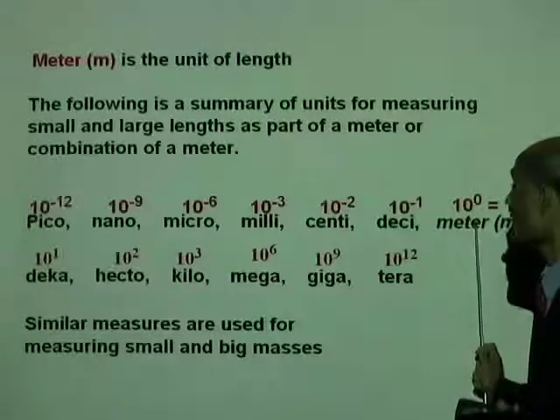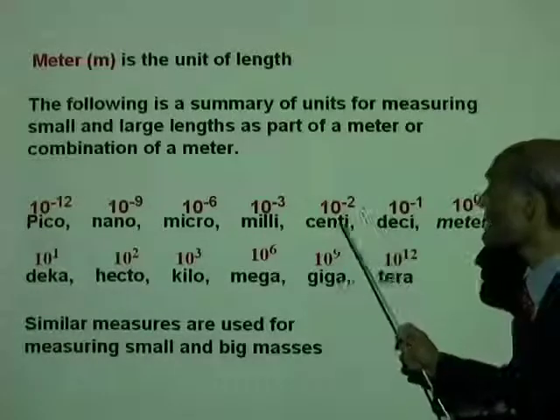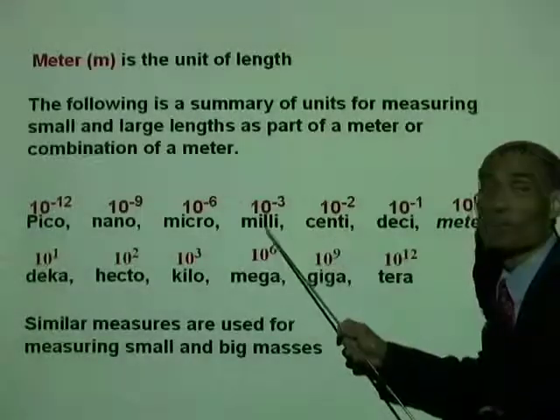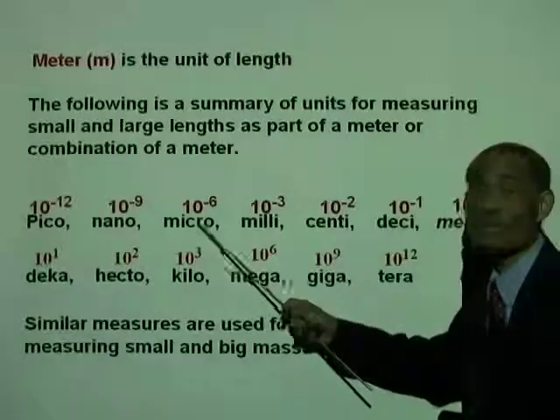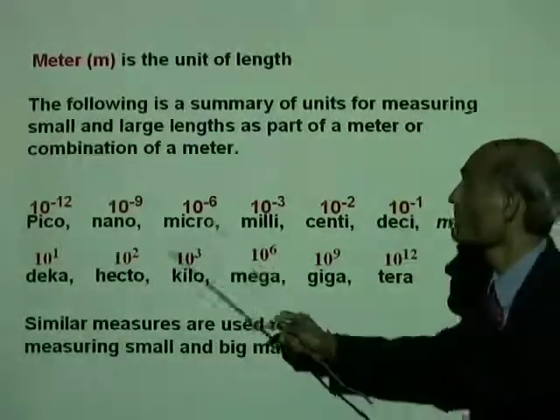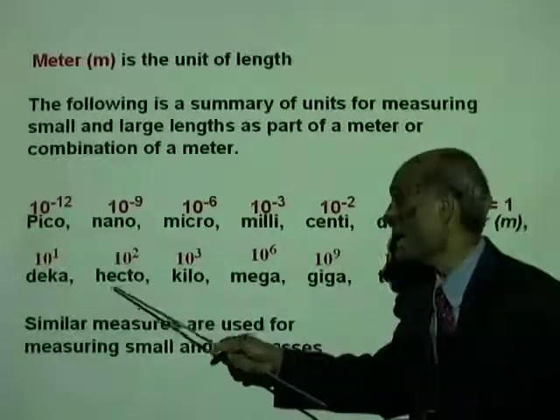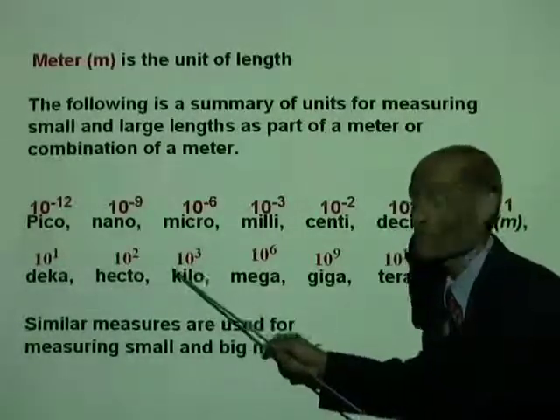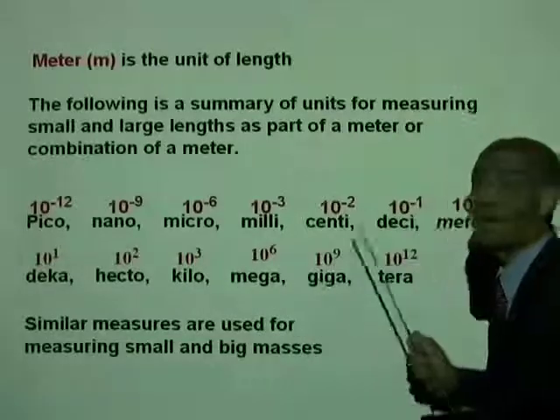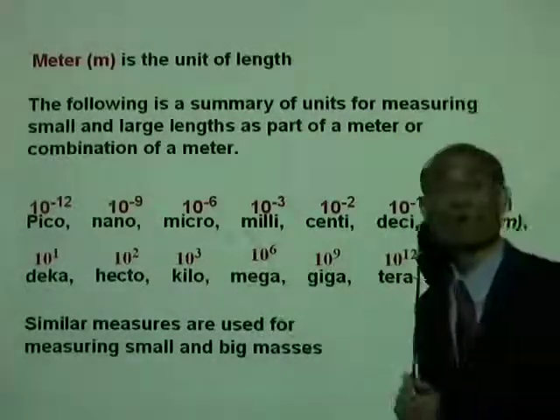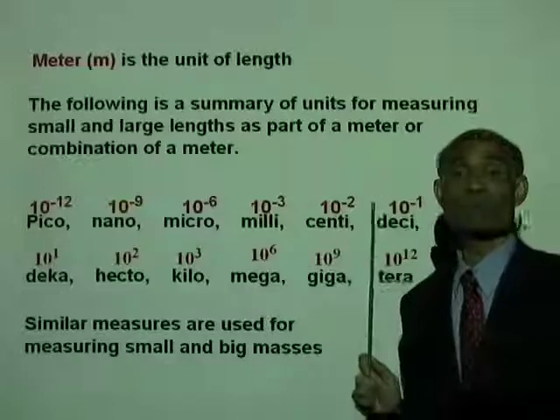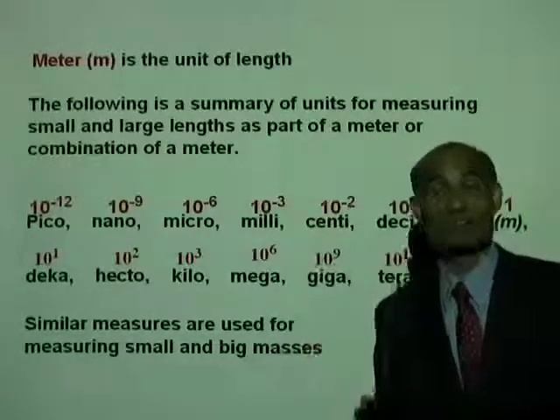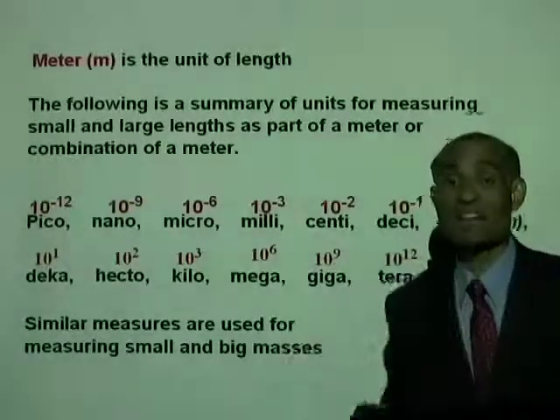G. Gram, decigram, centigram, milligram, microgram, and so on. Decagram, hectogram, kilogram, that's our unit, megagram, and so on. So we can use the same terms for measuring mass as well.